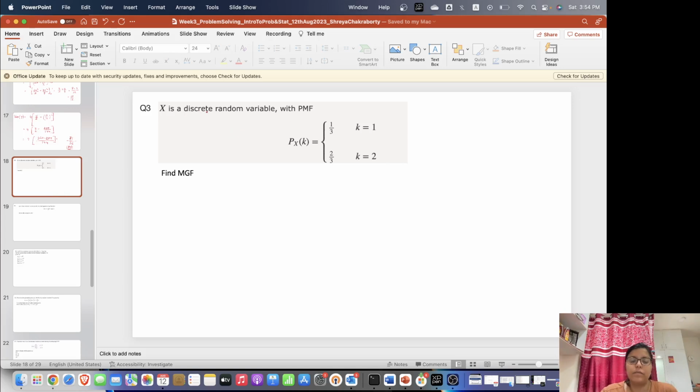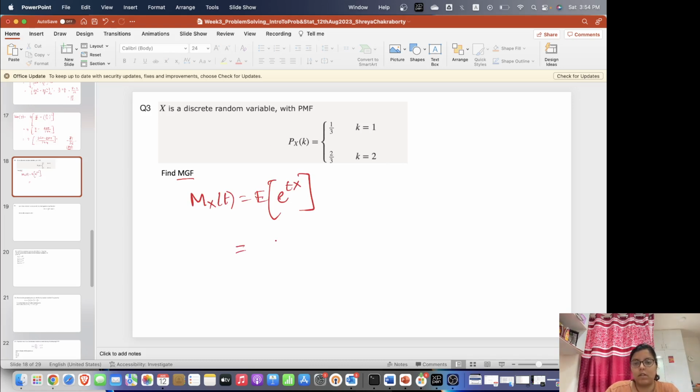Here this says that x is a discrete random variable with this PMF. We have to find the MGF. So MGF can be written as M_x(t) equal to the expectation of e to the power tx.